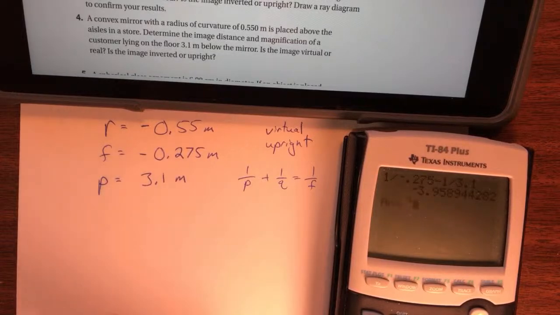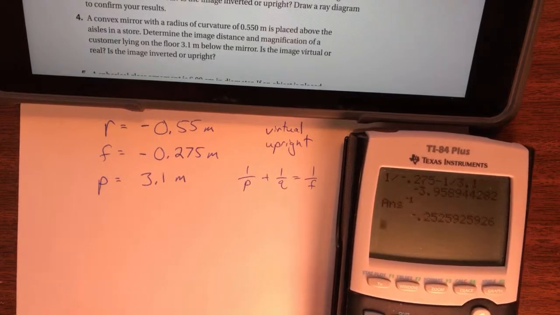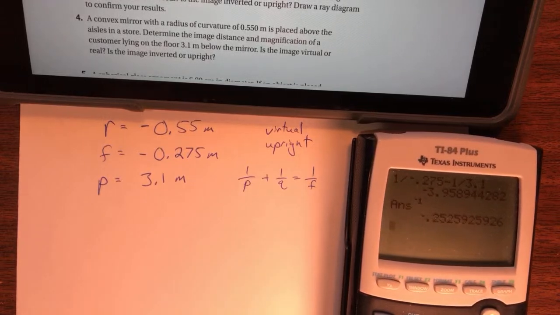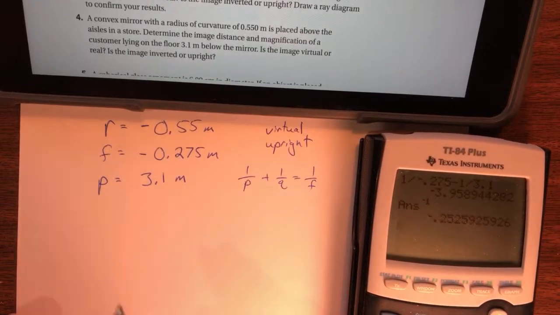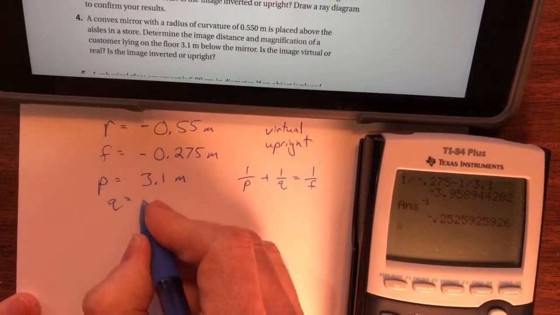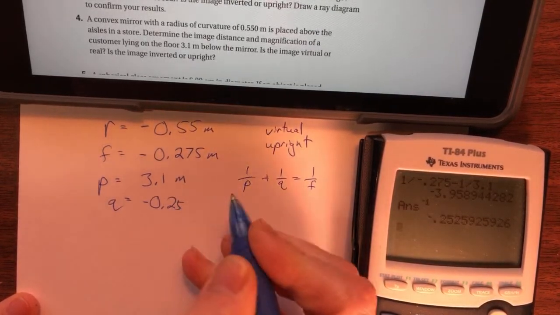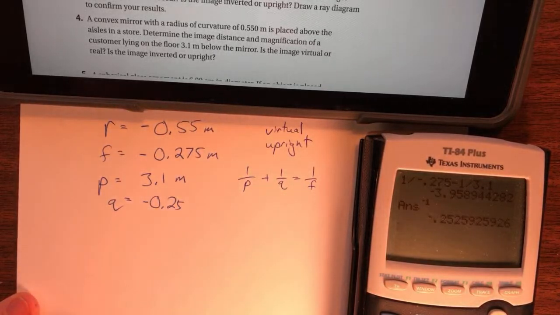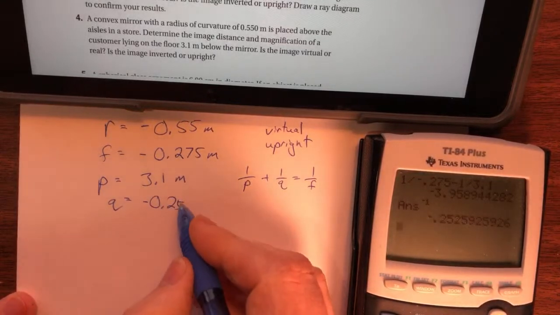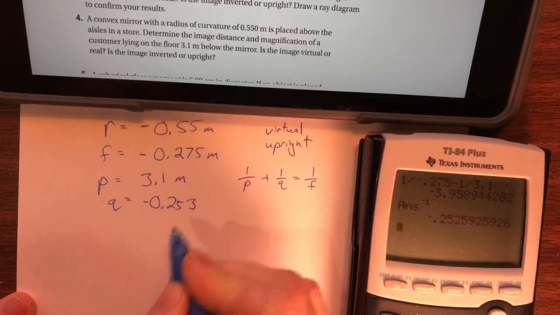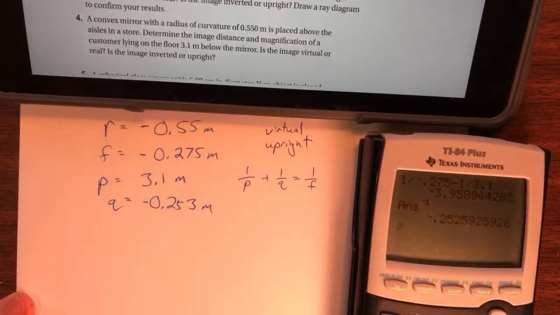And then we want to get the inverse of that to get us Q. And as we should, we're going to get a negative number for Q. So Q is going to be equal to negative 0.252, or we'll just leave it at negative 0.25. All right, or I'll just write 253 meters.